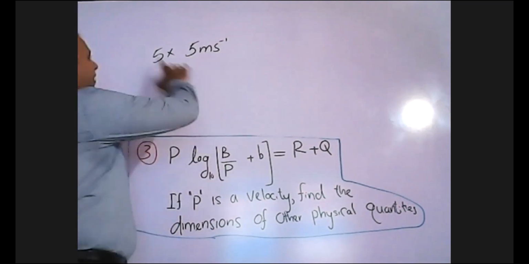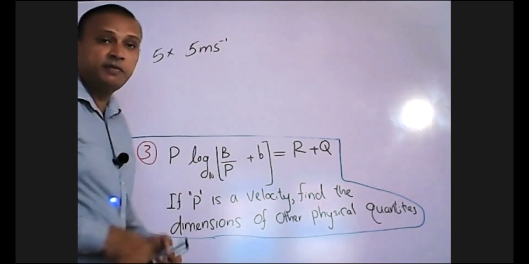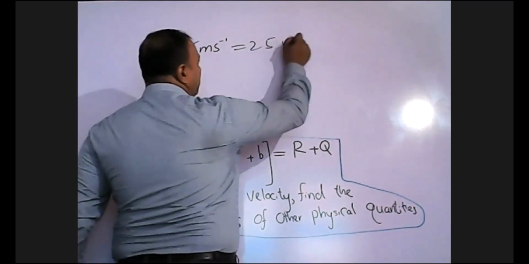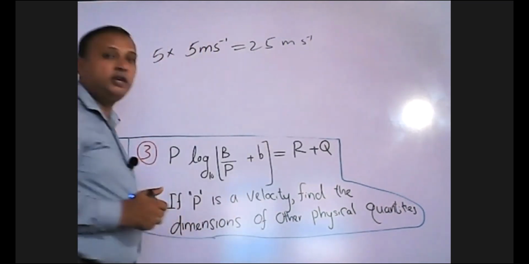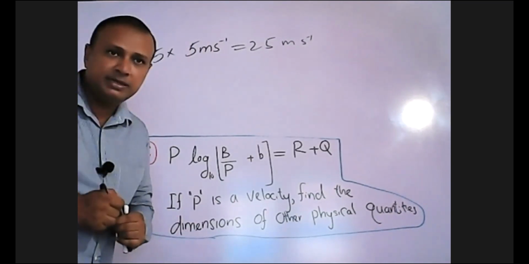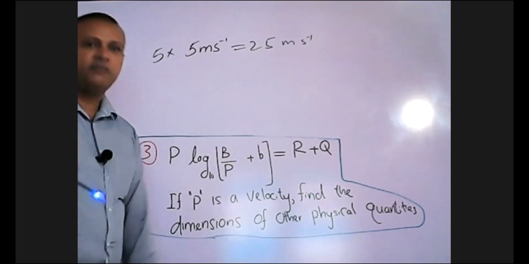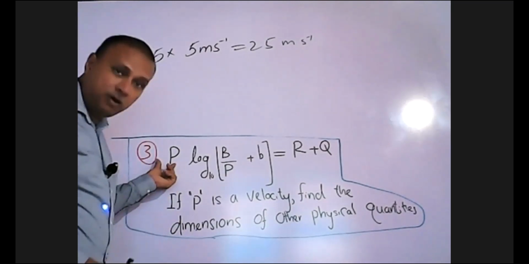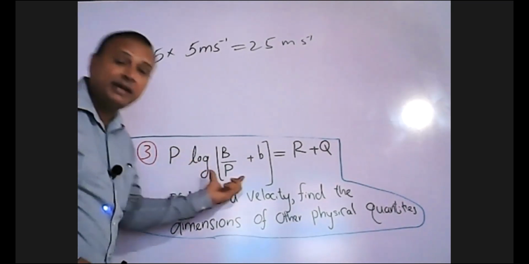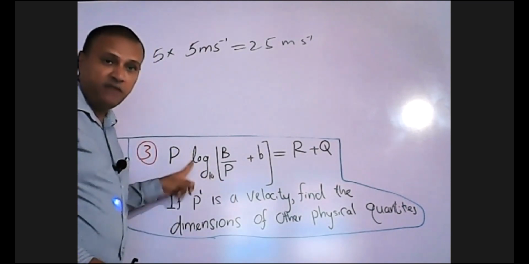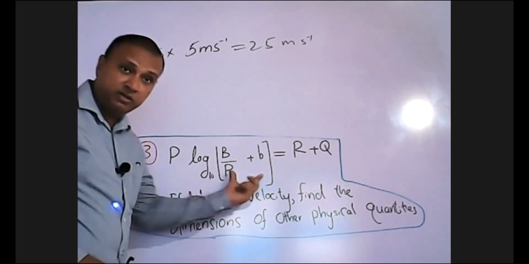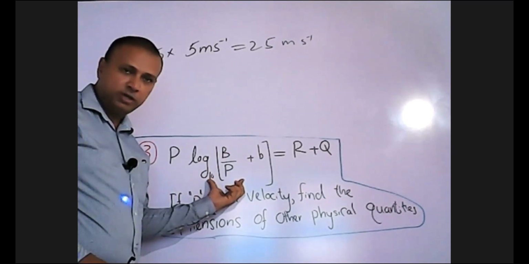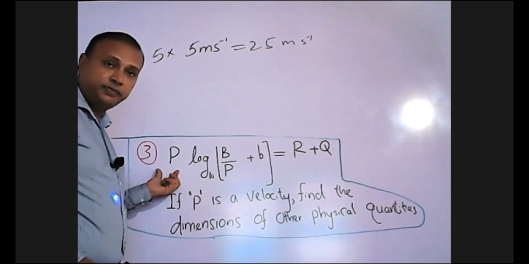If I multiply 5 by 5 ms minus 1, we will have 25 ms minus 1. That means it is a velocity. This part doesn't have a dimension, but this one has.